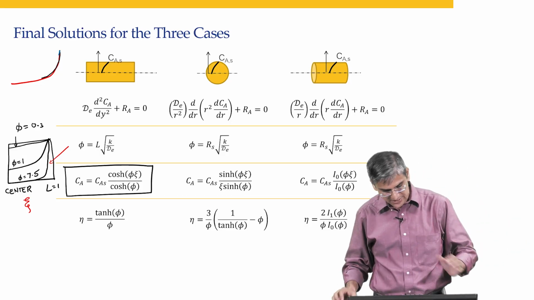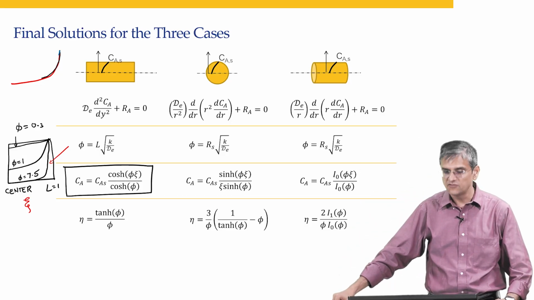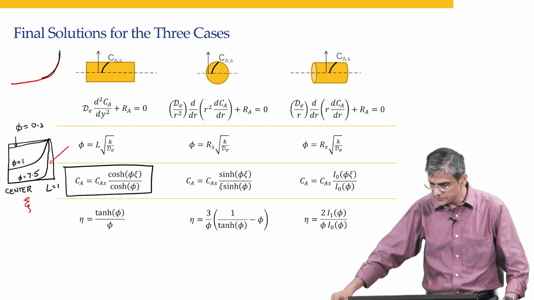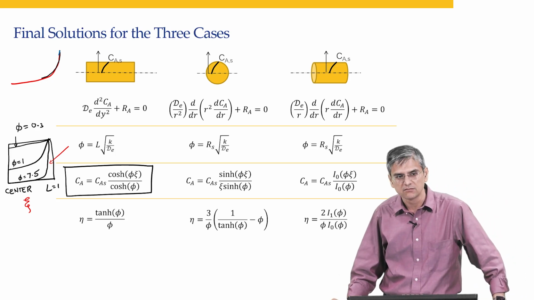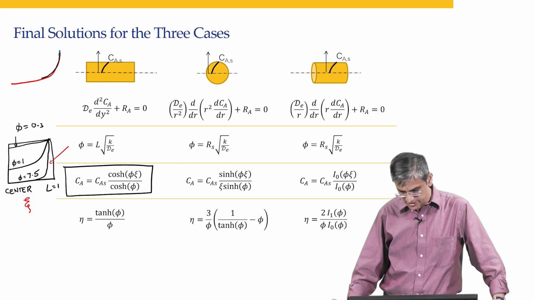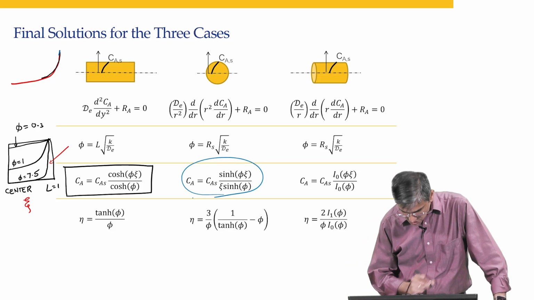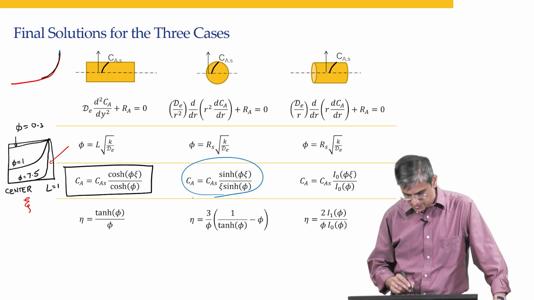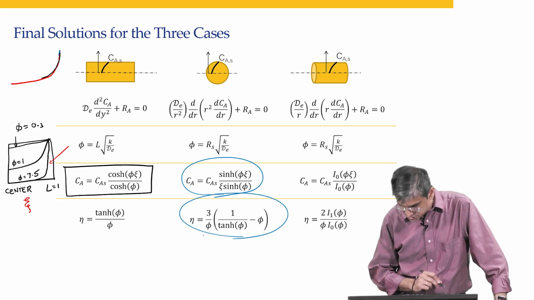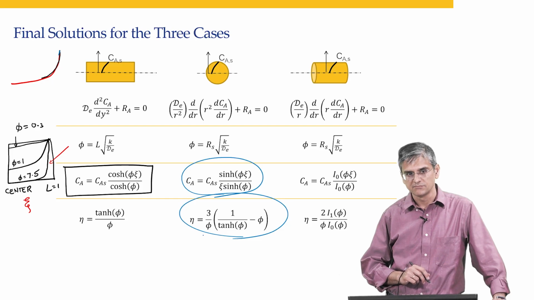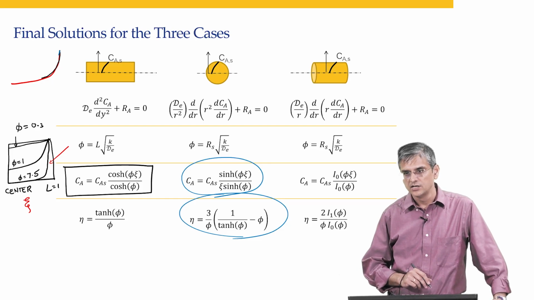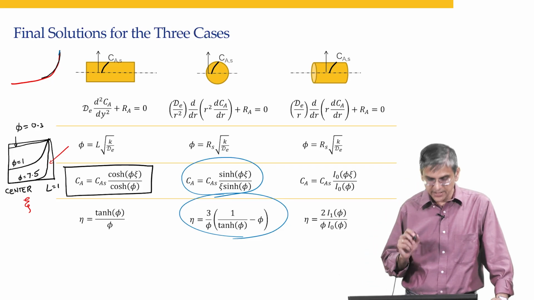So that's if this was a flat slab. If this was a spherical pellet, everything is absolutely the same, your equations just change to this and your small phi changes to this.